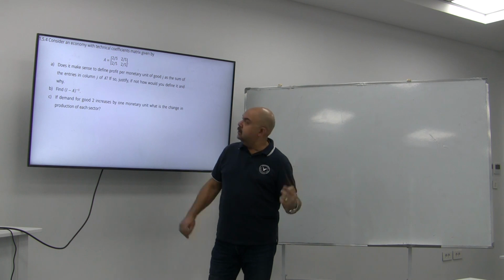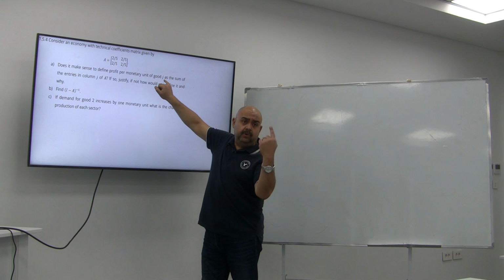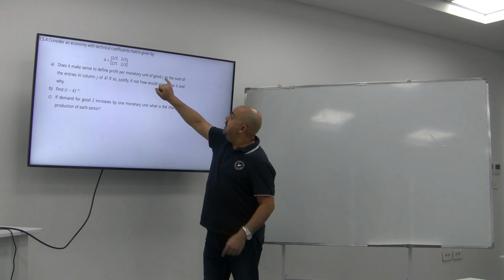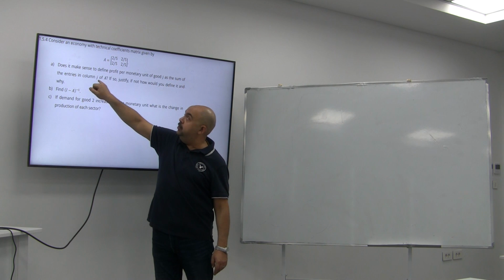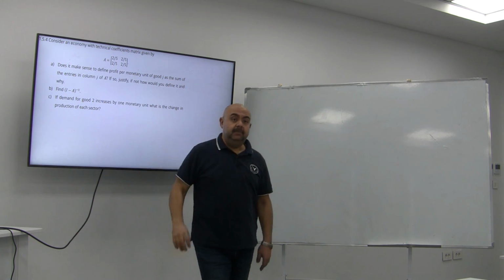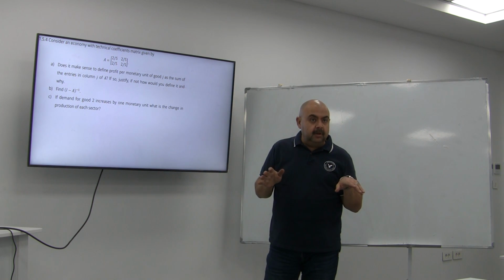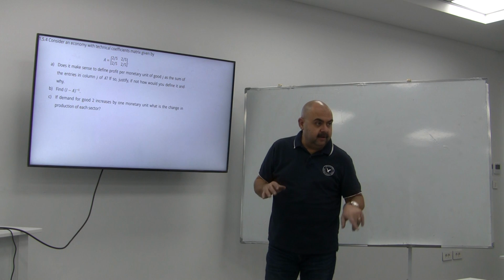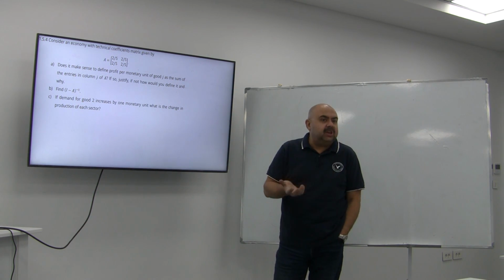Sector number 1, this is what is stated here, unit of good J. Let's say number 1. It is the sum of the entries in the column of J. That is, the sum of the entries of J in the technical matrix after you finish. With me? So what does Wassily Leontief give you? He gives you production.